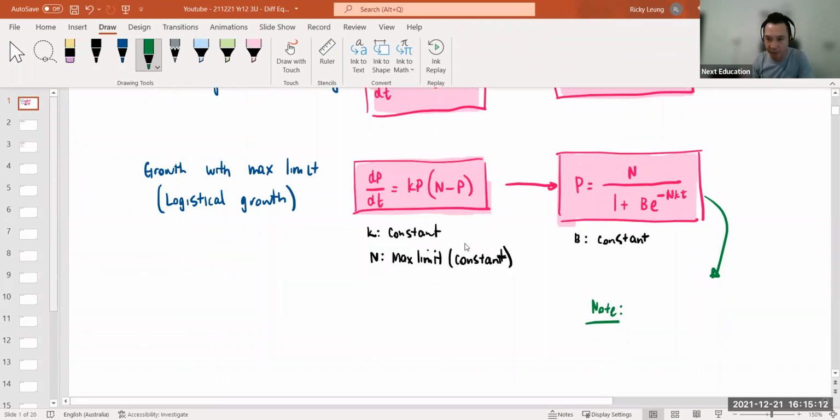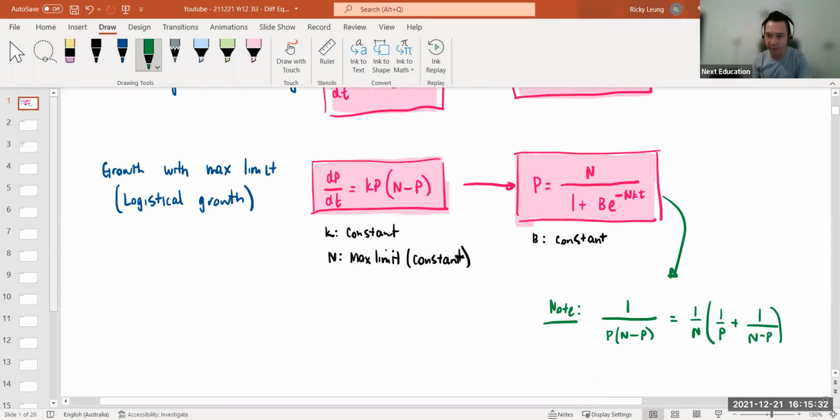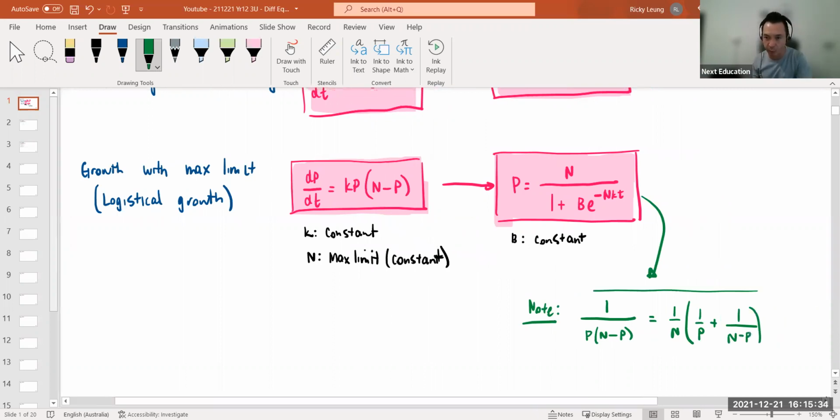I will need this: 1 over P(N minus P). You have to be able to prove this green box equals 1 on N times (1 on P plus 1 on N minus P).